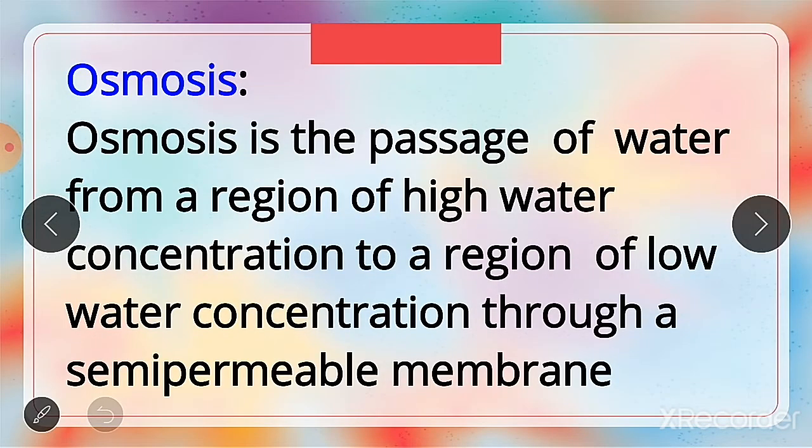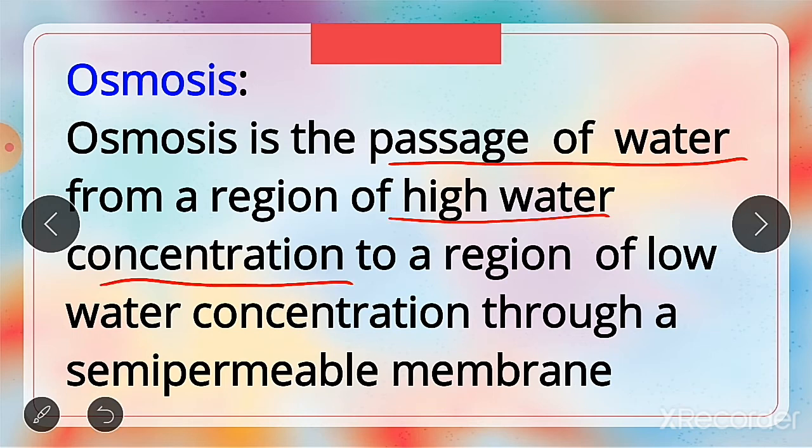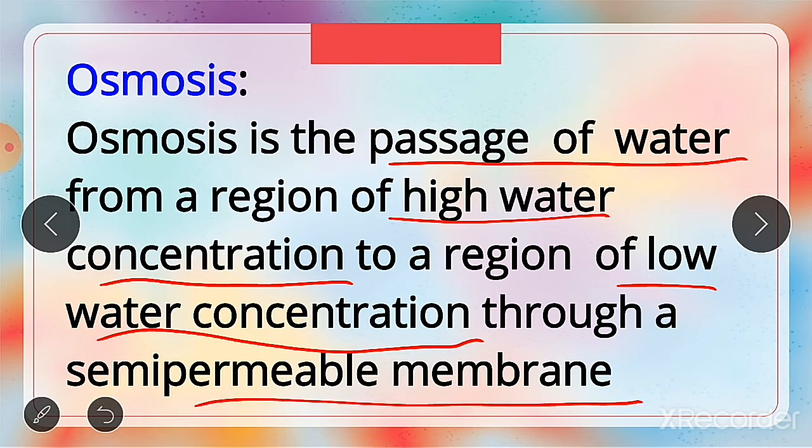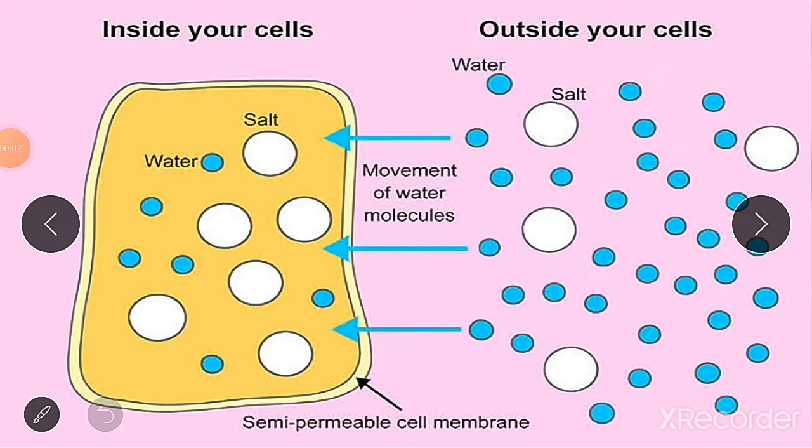Then next is osmosis. What is osmosis? Osmosis is the passage of water from a region of high water concentration to a region of low water concentration through a semi-permeable membrane. So osmosis is the movement of water molecules from high water concentration to low water concentration through the semi-permeable membrane. Osmosis is purely mechanical diffusion process by which cell absorb water without spending any amount of energy.